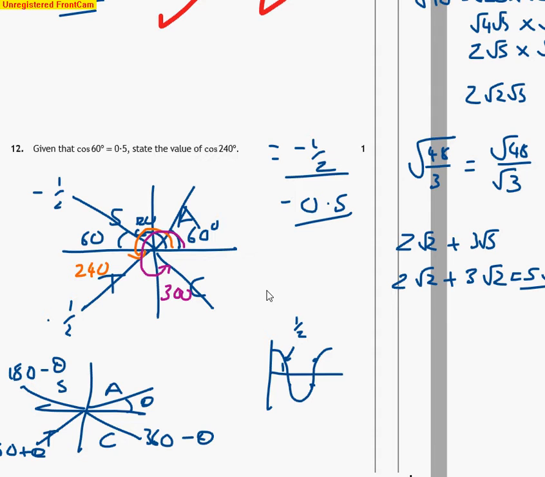So in this quadrant, tan is positive, T for tan, so the cos will be negative, okay? And in this quadrant, the value is 180 plus theta. So 180 plus 60 is going to give us 240. So we know it's a half, but we know it's a negative a half because we're in the T quadrant, okay, the third quadrant, where only tan is positive, okay? And again, you can see that on the diagram as well. So we went through a wee bit of that as well with the quadrants.